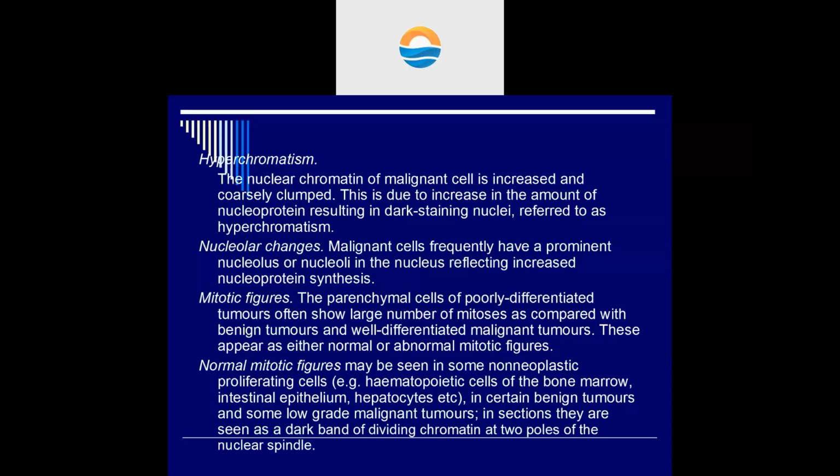Normal mitotic figures may be seen in some non-neoplastic proliferating cells, for example, hematopoietic cells of the bone marrow, intestinal epithelium, hepatocytes. In certain benign tumors and some low-grade malignant tumors, we also see some mitotic figures. In sections, they are seen as a dark band of dividing chromatin and two poles of the nuclear spindle.